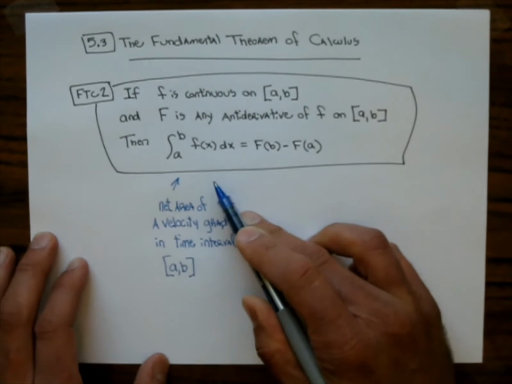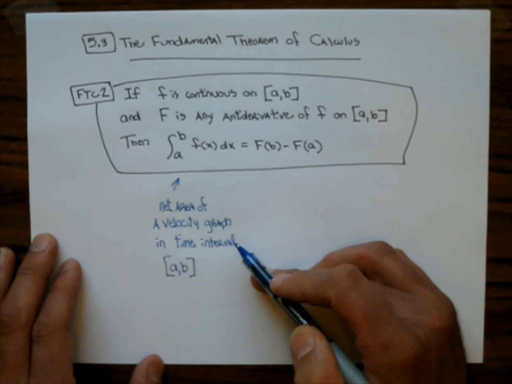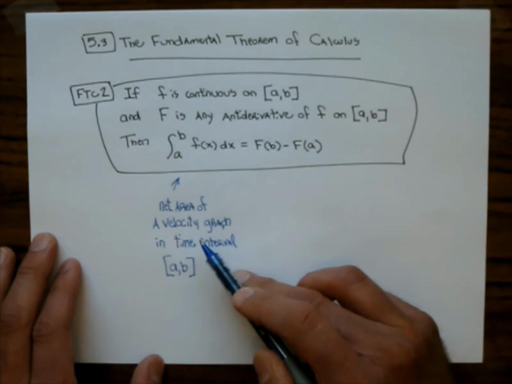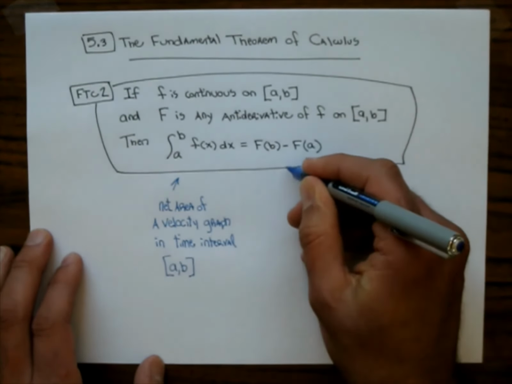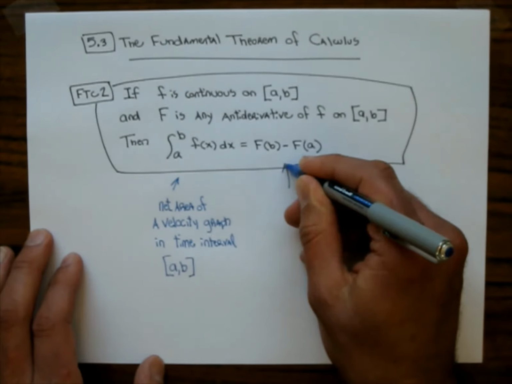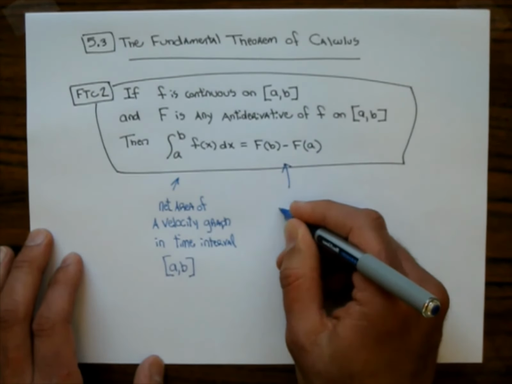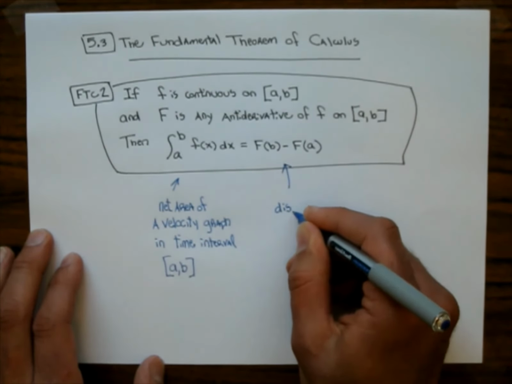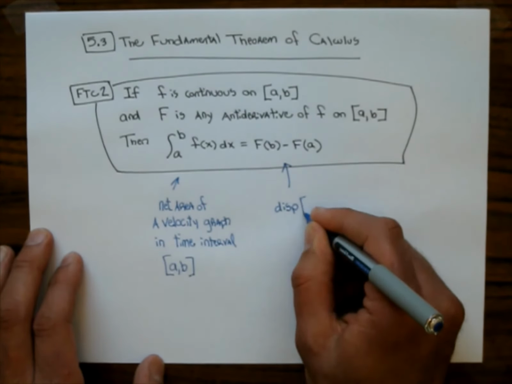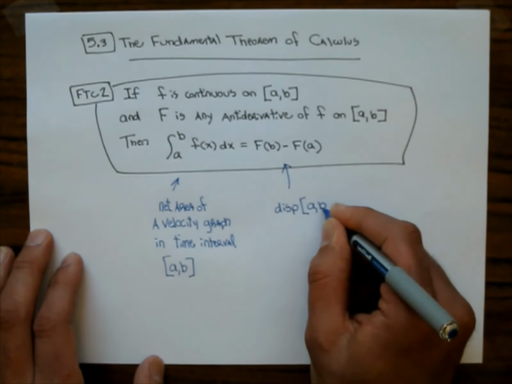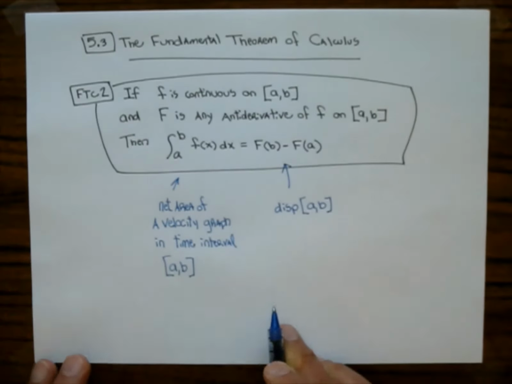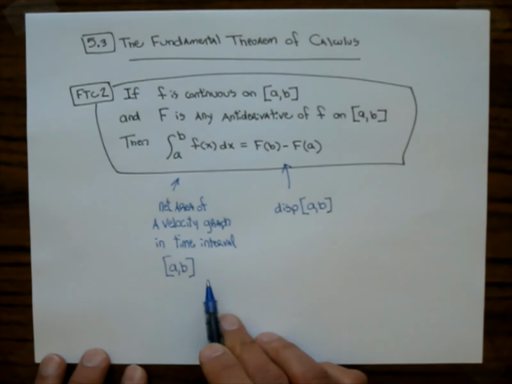Okay, so that's what that was. It's the net area of a velocity graph, net area of any graph, but I'm just going to go ahead and say velocity. And what does this happen to be? Well, this happens to be the displacement of the bug from A to B. And so that's what we said when we were going over the bug.